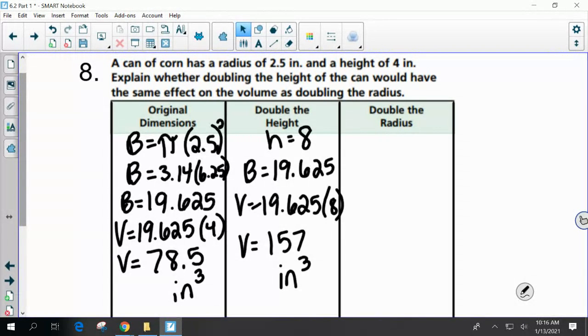So now let's double the radius. What's our new radius? 5. So capital B is going to equal 3.14 times 5 squared. So 5 squared is 25 times 3.14.